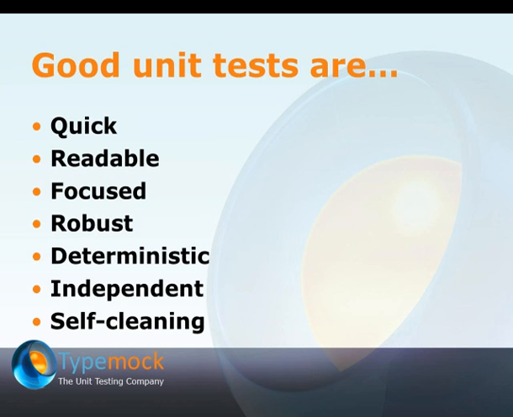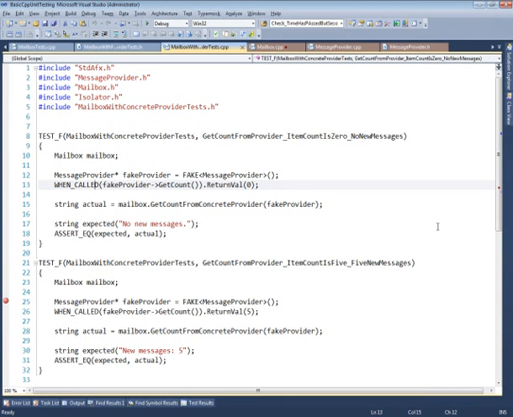specify what's happening here. Let me switch to here. I'm using a pattern here that tells in the name that I'm testing the get count from provider method, and the middle part is what scenario specifically I'm testing, and for this specific scenario what kind of result am I expecting.